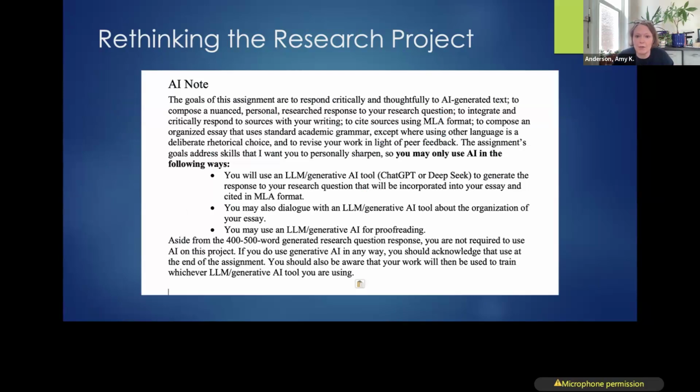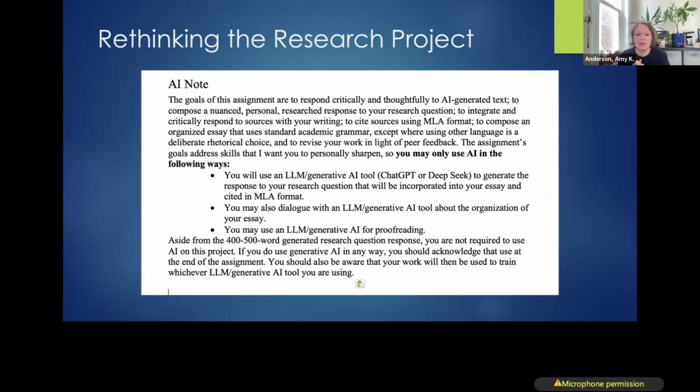These are the goals of the assignment. I want them to respond critically and thoughtfully to AI generated text. I want them to compose a nuanced, personal research response to their research question. I want them to integrate and critically respond to sources, cite them in MLA format, and compose an organized essay. So some things like that.